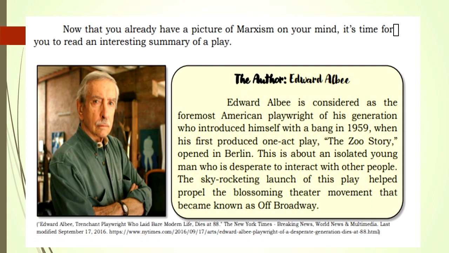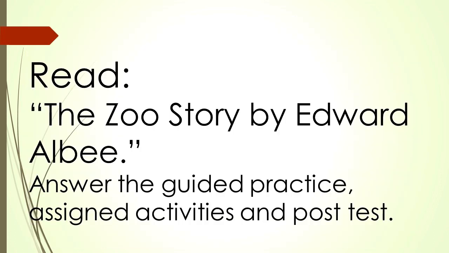The story is about an isolated young man who is so desperate to interact with other people. The skyrocketing launch of this play helped propel the blossoming theater movement that became known as Off-Broadway. As I said, I want you to read The Zoo Story by Edward Albee, and then after that, answer the guided practice, activities, and post-test in your module.